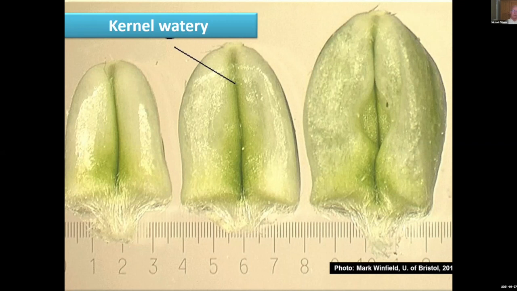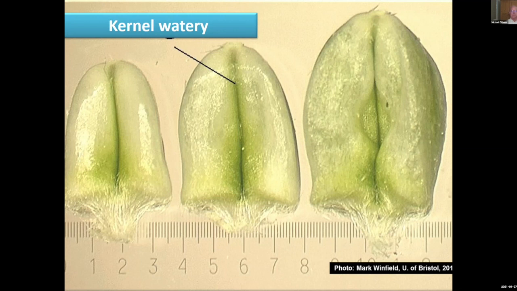Generally, when you go through these stages, from heading to flowering to kernel watery and the other stages that I'll show, it's roughly a week between each stage, just as a rule of thumb. It depends on weather, when you planted and your location, but generally these progress a week, plus or minus a few days.